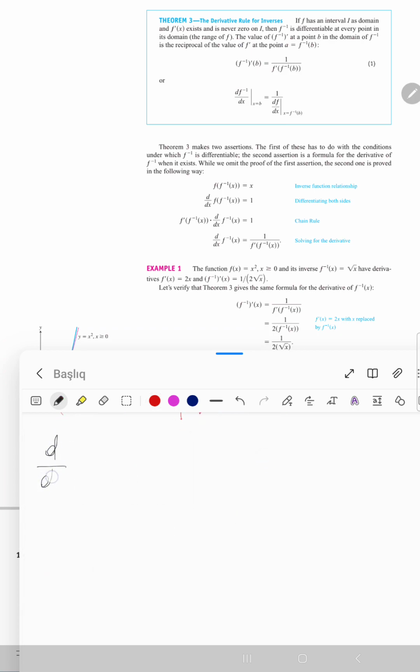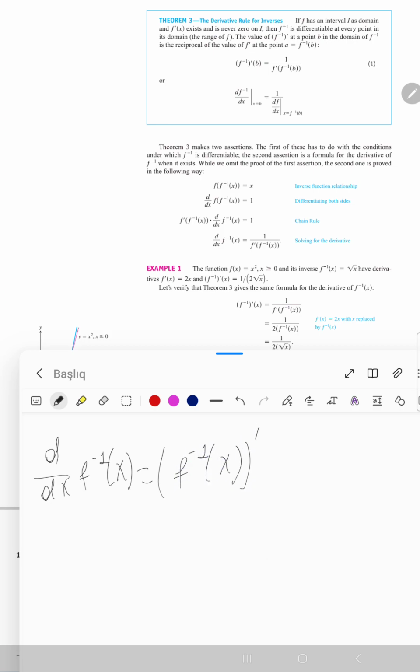We know dy over dx means y prime, so we can write any function instead of y. d over dx of 2x means the derivative of 2x. And d over dx of f inverse x means the derivative of the inverse function.